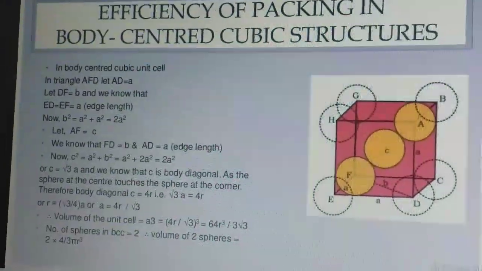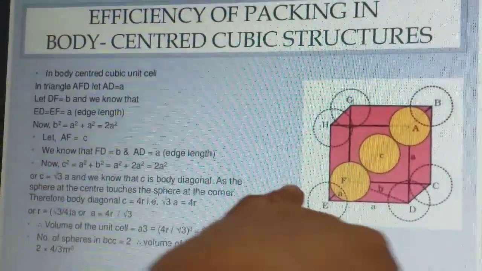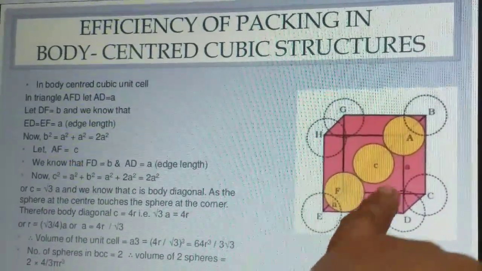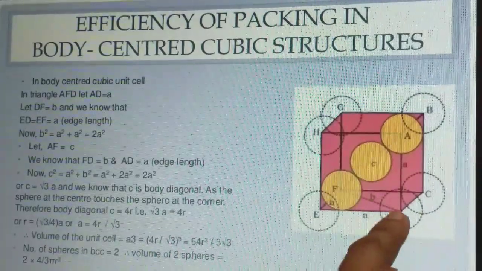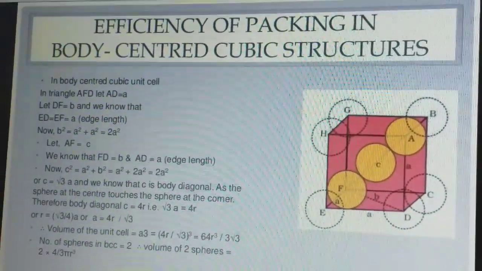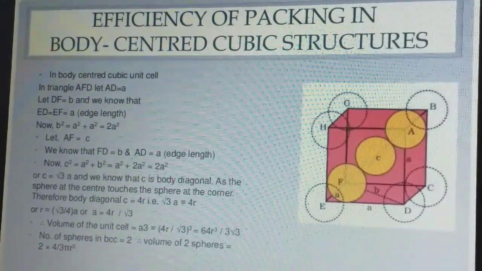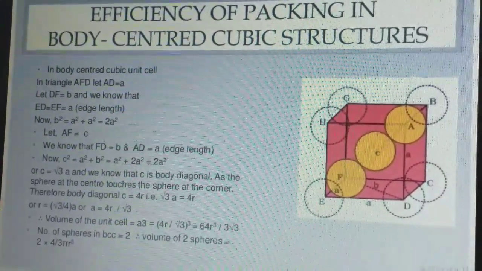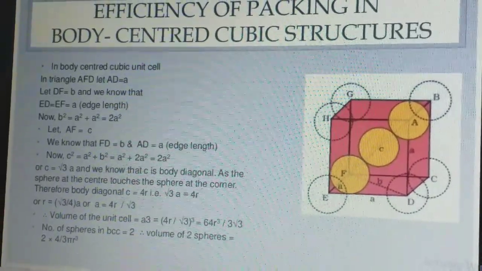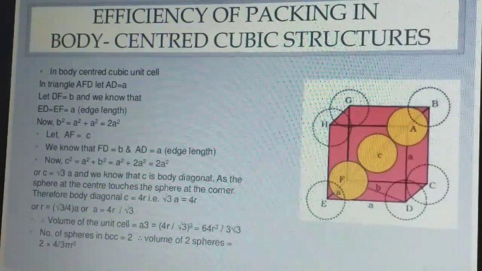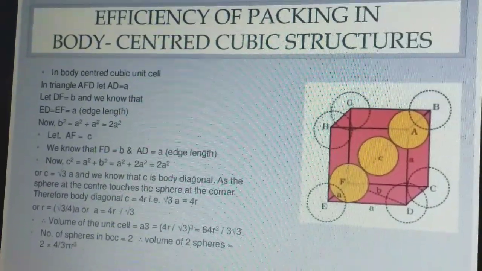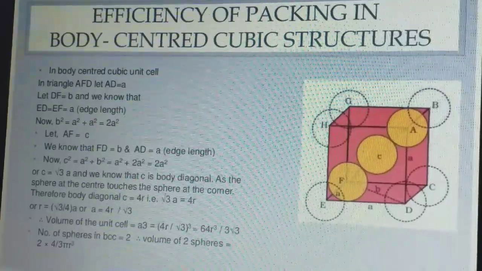In the body-centered cubic unit cell, if you take a triangle AFD, A, F and D, let AD be the edge length A, and DF is another length, we call it B. And for B square, you apply your Pythagoras theorem here.